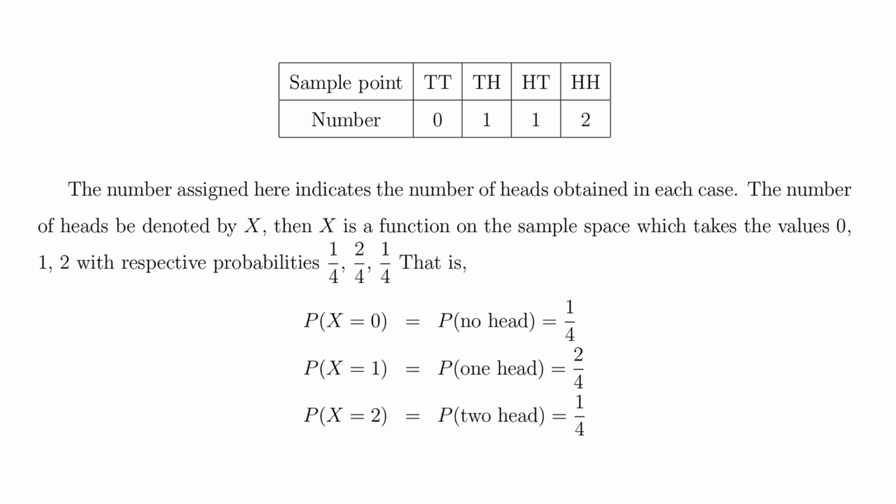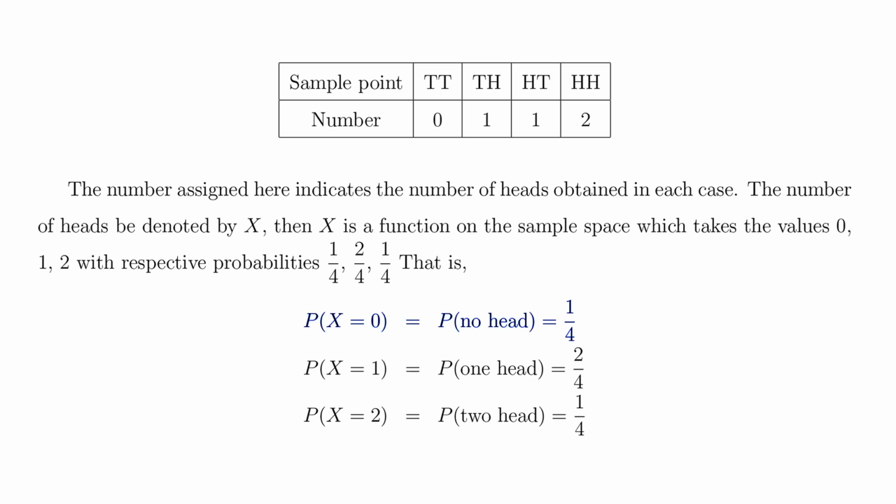The number assigned here indicates the number of heads obtained in each case. Let the number of heads be denoted by x. Then x is a function on the sample space which takes the values 0, 1, 2 with respective probabilities 1 by 4, 2 by 4 and 1 by 4.